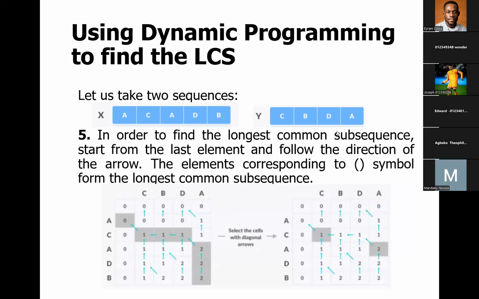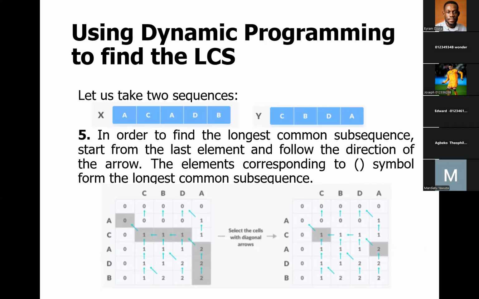Now, in step 5, we do what is called backtracking. Then the backtracking leads us to get the optimal longest common sequence. Okay.